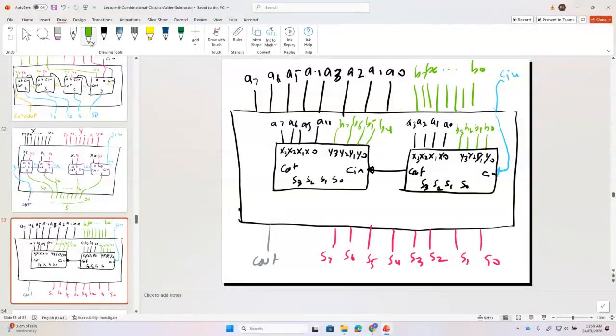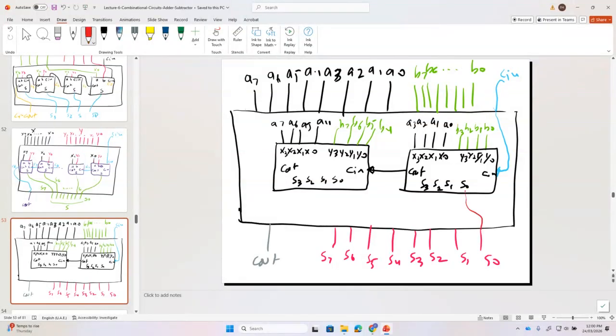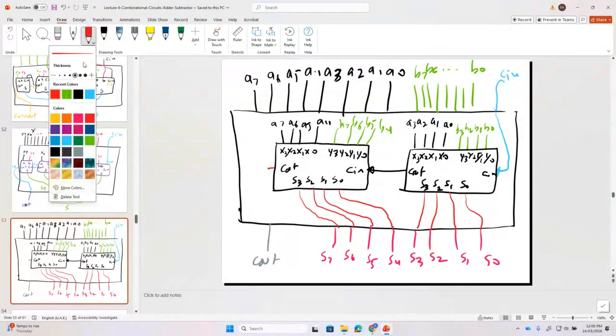And where should I connect S0? S4. And this one, S4, S5, S6, S7. And this C out, C out.